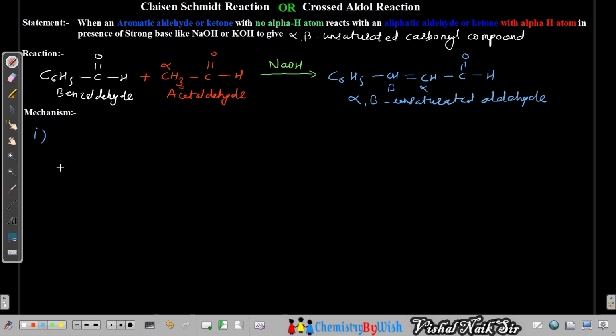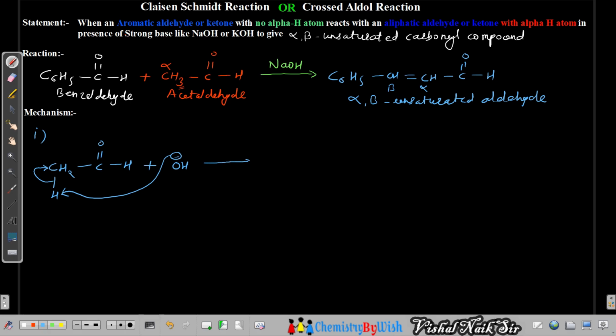So what is the first step? First, we write the acetaldehyde like this. ये base लेते हैं हम, that is the OH minus ions. These OH minus ions abstract this H as H plus और ये जो bond है ये migrate होता है carbon की तरफ.